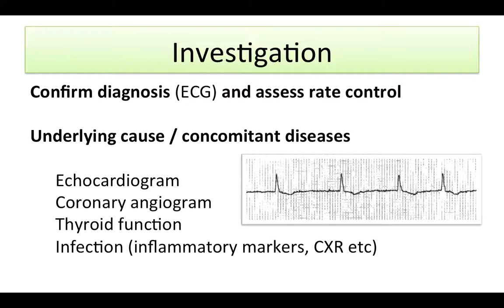In some cases, coronary angiography may be required to exclude coronary disease, but that's more for the cardiologists really to arrange. But everyone else really should be able to assess electrolytes, thyroid function, look for signs of any infection, etc.